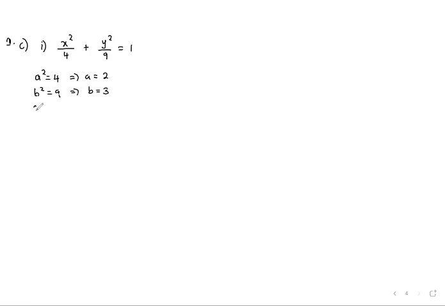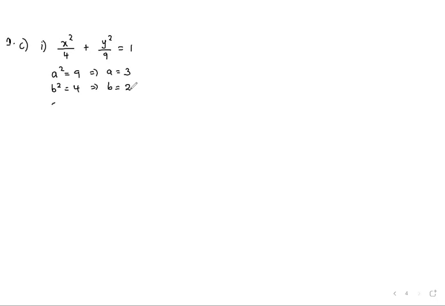And then c squared is a squared. So I've switched them. Sorry, just a minute. Okay. So we're saying a squared is equal to 9, the bigger one, so a is 3. And then b squared is 4, so b is 2.